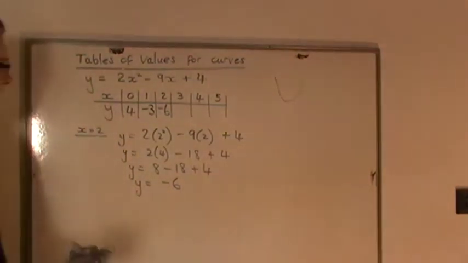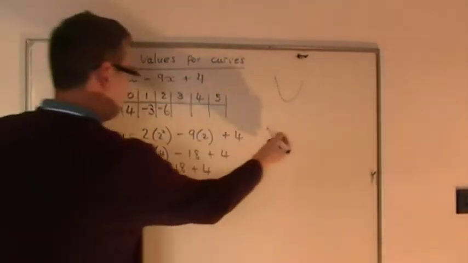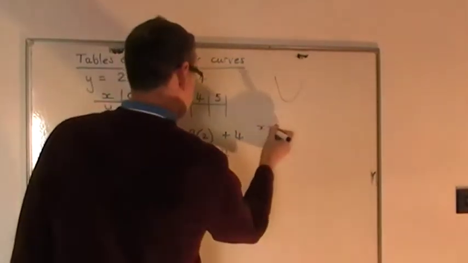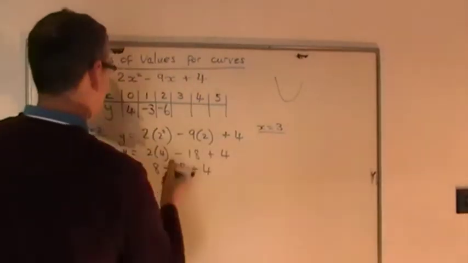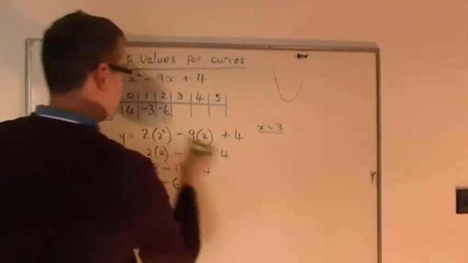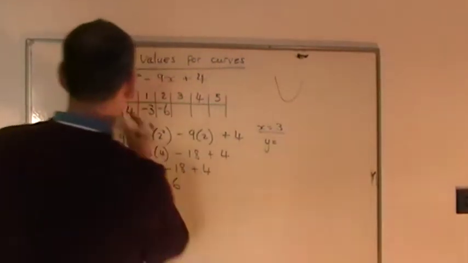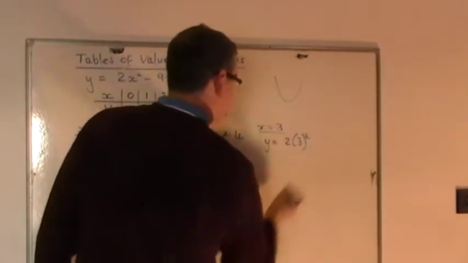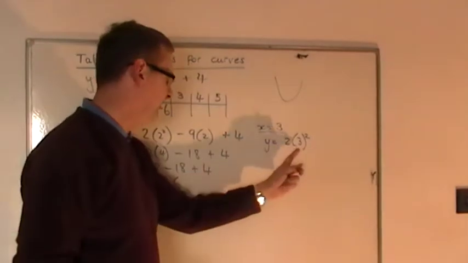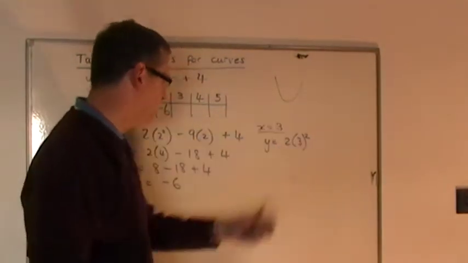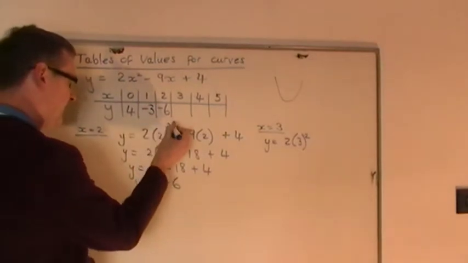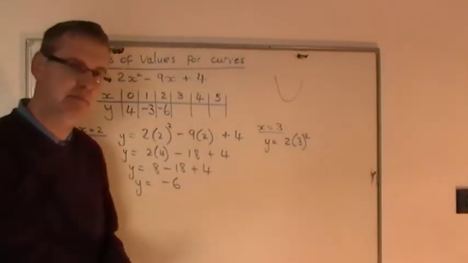Okay. I will do x equals 3 here, and then I'll have to rub out to make some more space. So x equals 3. The y value to go with it, y will be equal to 2 lots of 3 squared. Now notice here I'm actually writing a bracket with a squared outside. I think I'd probably prefer you to do that, because if you didn't do that, in some questions you might make a little mistake.